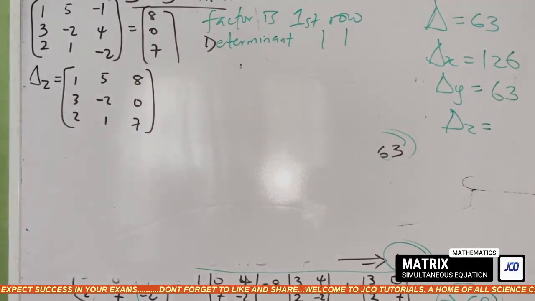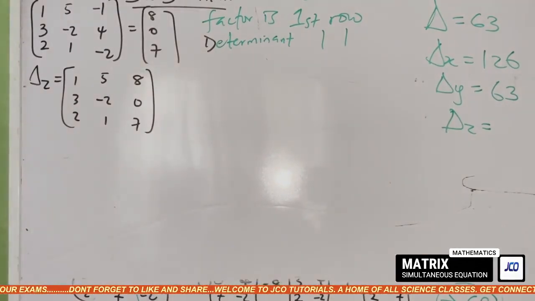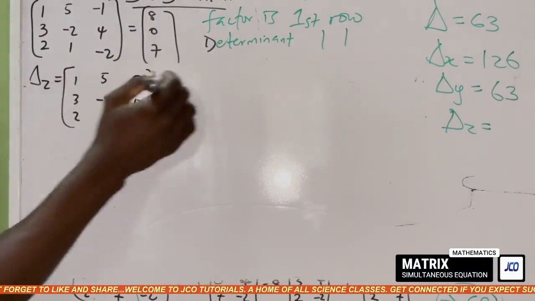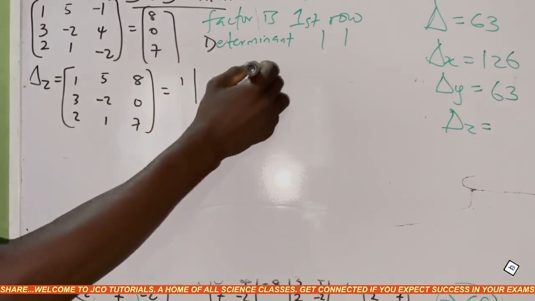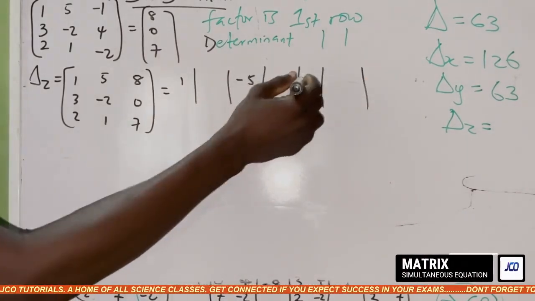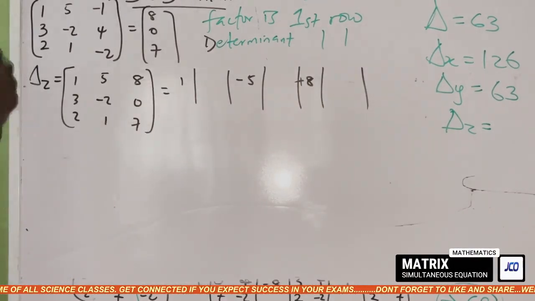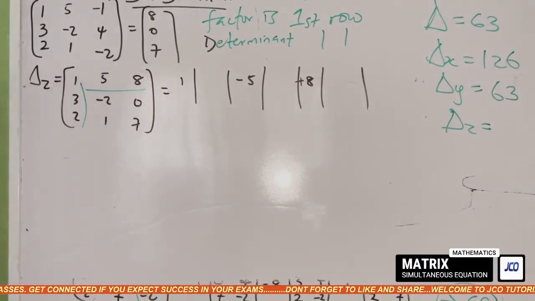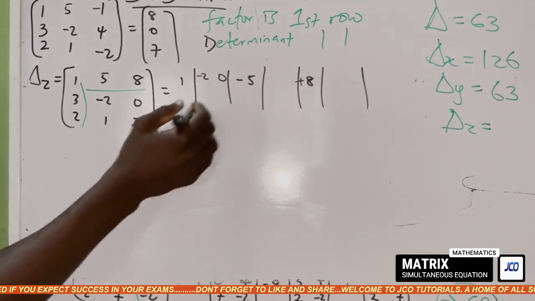As our rule is, we are going to take the first term 1, open a bracket, second term 5, you change it to minus 5, open a bracket, then last term 8, open a bracket, that's plus 8. So the bracket now, if you take away the first column and the first row, you have minus 2, 0, 1, and 7.